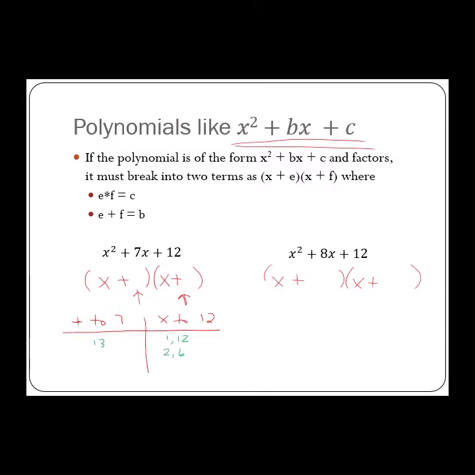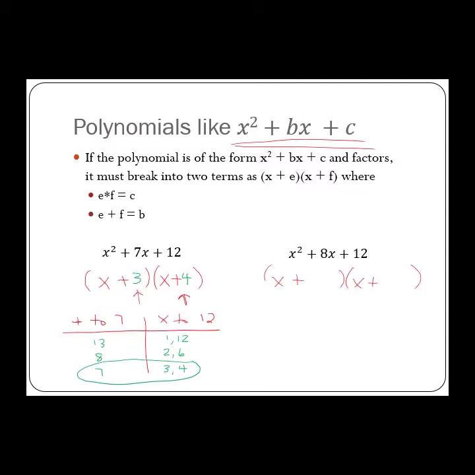But when I add 2 and 6 together, I get 8, which is not 7, so it's not what I wanted. 3 times 4 is 12, and 3 plus 4 is 7. And so, sort of like Jeopardy, we found the match that we were looking for. So x squared plus 7x plus 12 turns out to be x plus 3 times x plus 4. And you can FOIL this out and check and make sure that works.